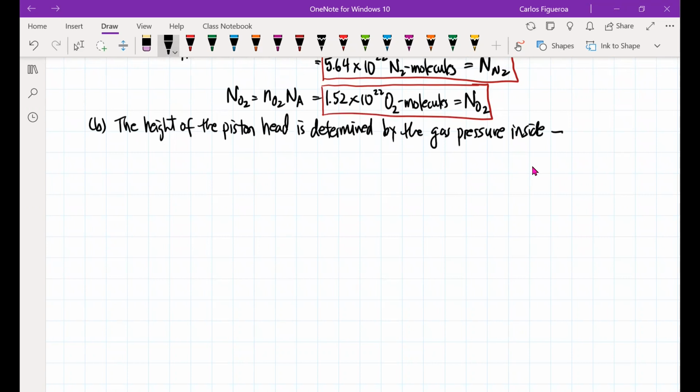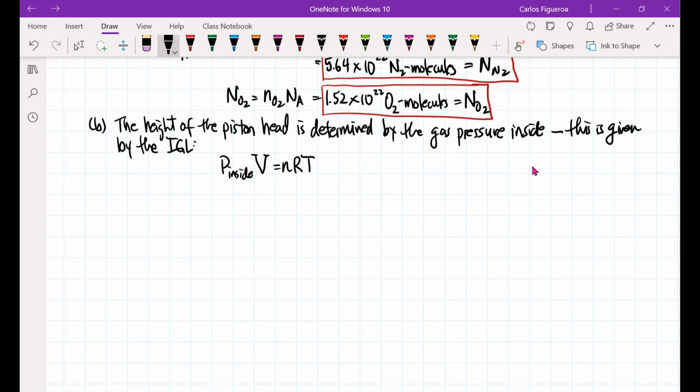And of course, this is given by the ideal gas law. The pressure inside times the volume of the piston is going to equal nRT.